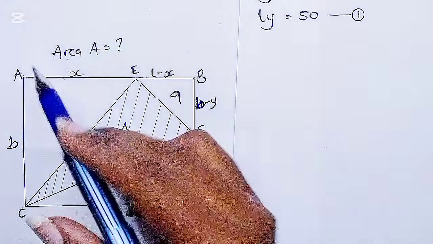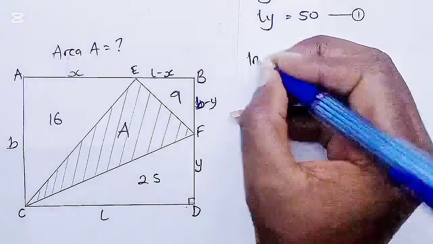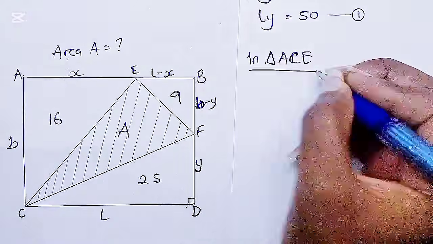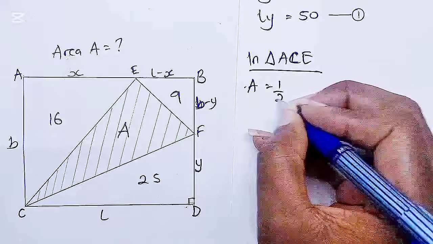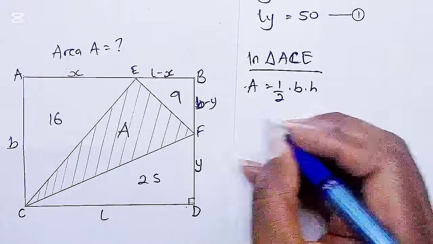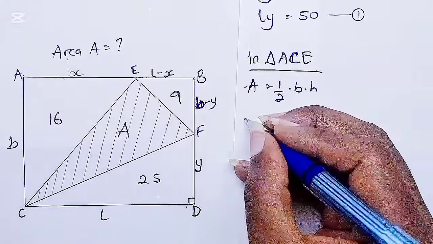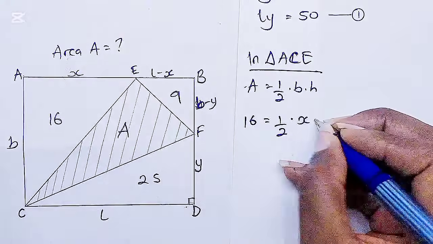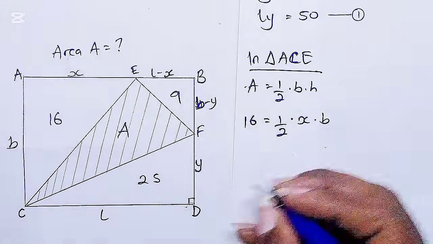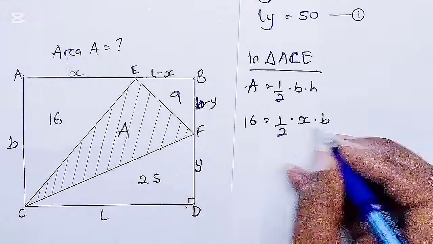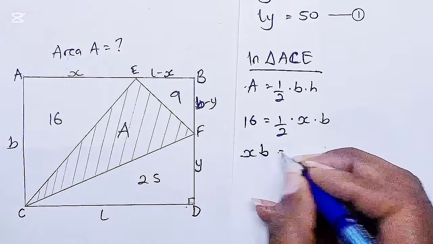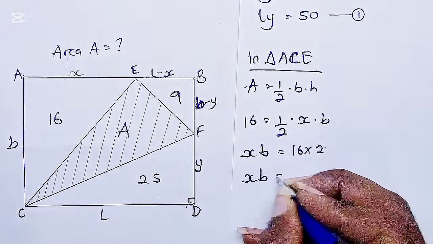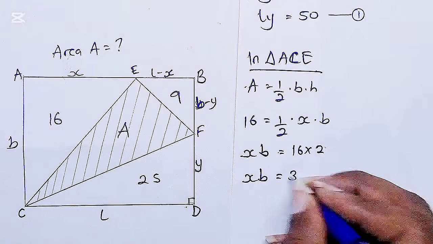Also, from triangle ACE, its area is a half times base times height, and its area was given as 16. So 16 is equal to a half times the base, which is X, times the height, which is B. Making X the subject, XB is equal to 16 times 2, which is 32.